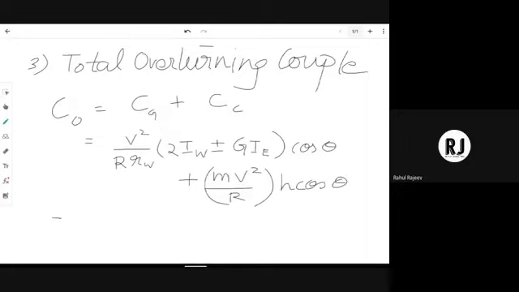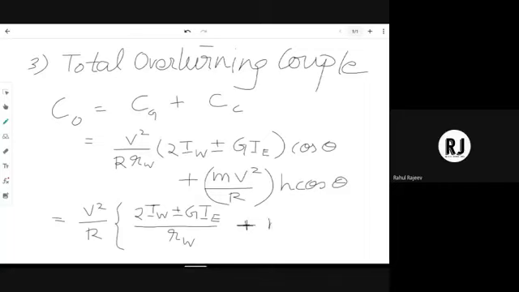So let me rearrange this one. Let me write it as v squared divided by capital R. Then I'm going to bring the RW inside the bracket. This will be multiplied by 2 into IW plus or minus G into IE whole divided by RW, plus mv squared by r. Within that v squared by r we have taken as common.